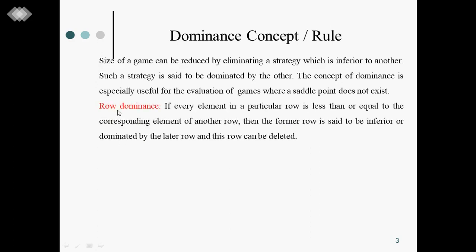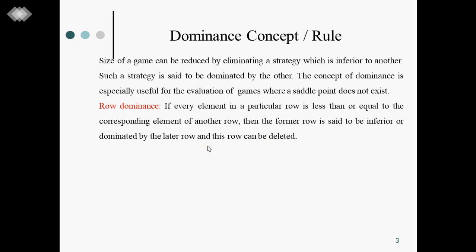First thing that you have to understand is row dominance. If every element in a particular row is less than or equal to the corresponding element of another row, then the former row is said to be inferior or dominated by the latter row, and this row can be deleted. This is very simple. Assume that the row player has two strategies, R1 and R2. By using R1 he is going to get 100 points.